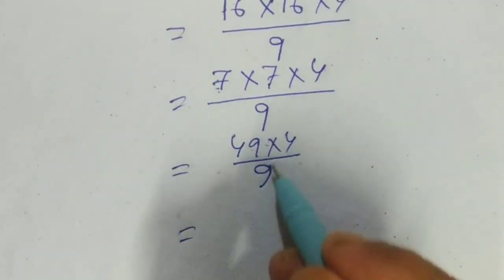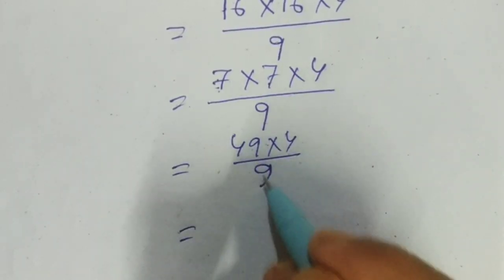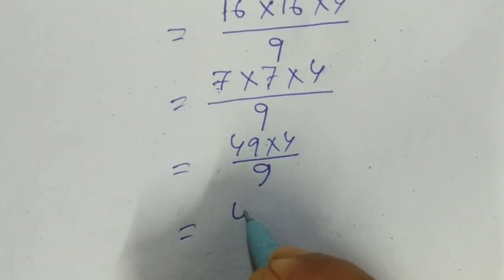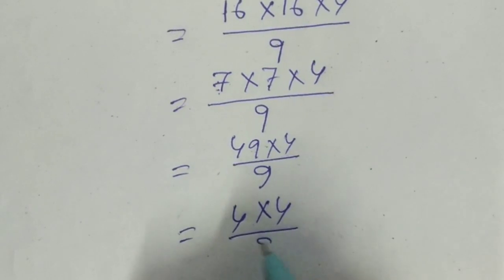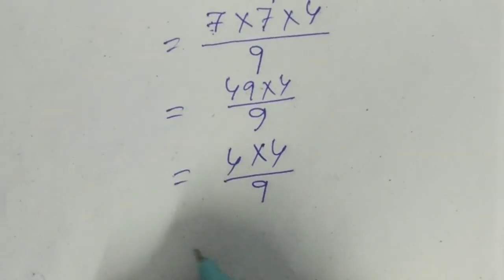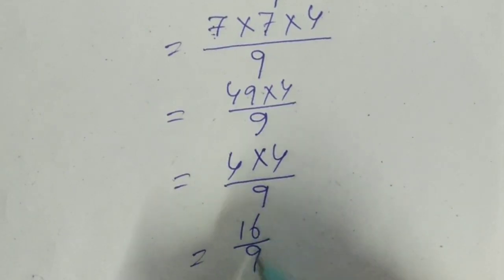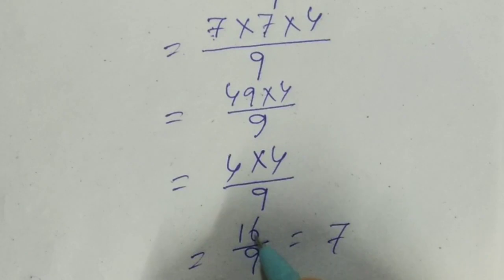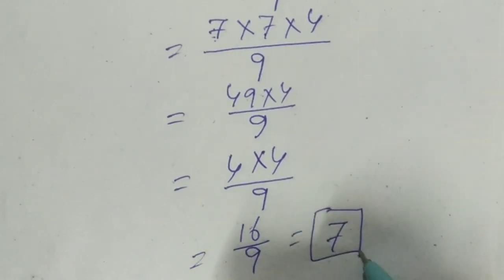And now if we divide, we will get the remainder. 49 by 9 gives 4 as the remainder, into 4, divided by 9. So 16 by 9, and the ultimate remainder is 7. If we divide 16 by 9, we will get the remainder 7.